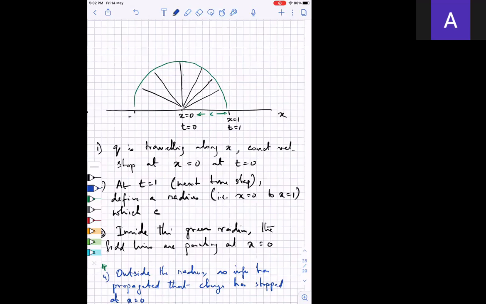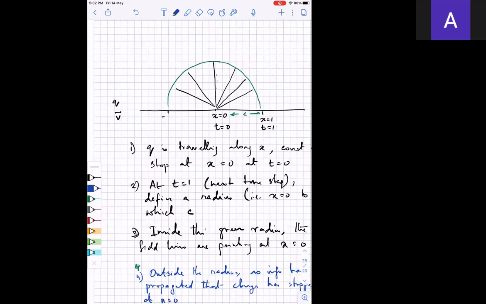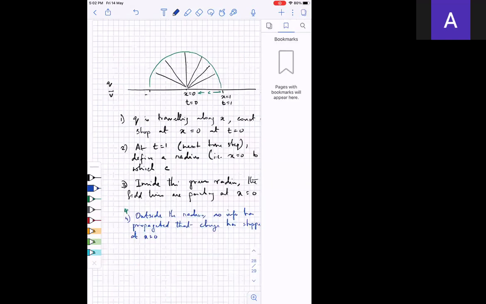So outside the radius, if I look at the field lines, then the field lines will point at x equal to 1. So let me try to draw the field lines a bit better.